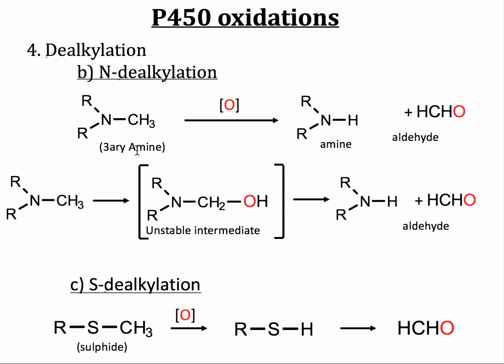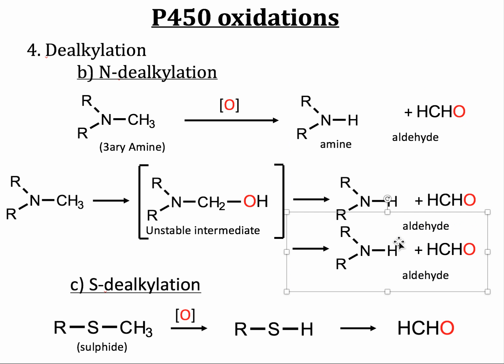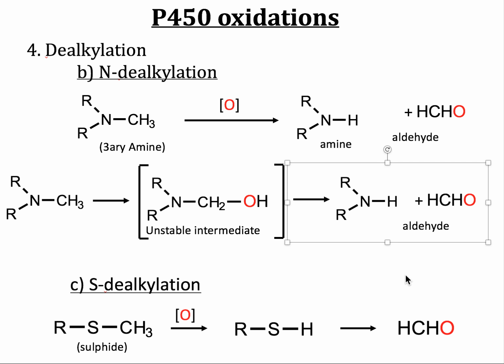Similarly, here is the tertiary amine. So you've got the N, and you want to look for an alkyl group here as well. And in sulfide, you also again want to look for an alkyl group. The main takeaway message is they all form an aldehyde as the byproduct.